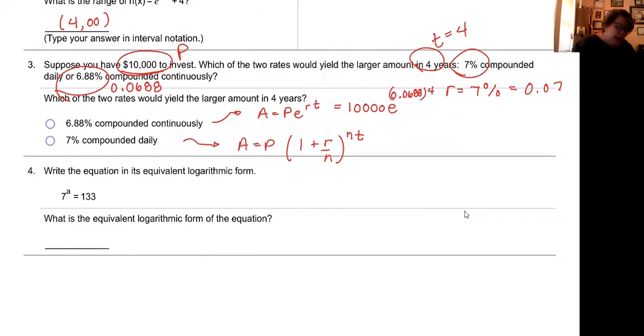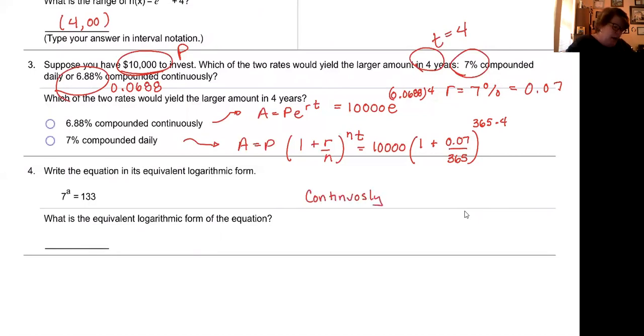All right, and in the other calculation, we're going to have the 10,000 times 1 plus, I'm investing at 7%, compounding daily, so that's 365, to the 365 times 4. All right, so I didn't leave myself a lot of room. Let's look at continuously.